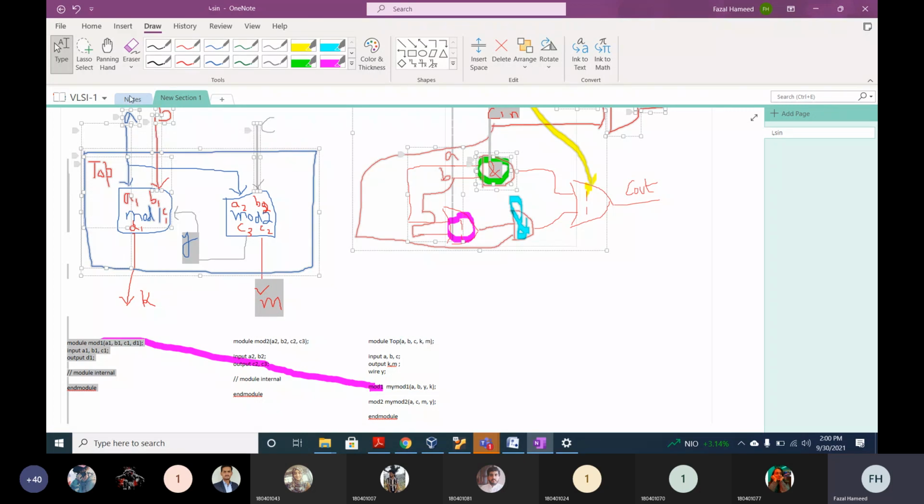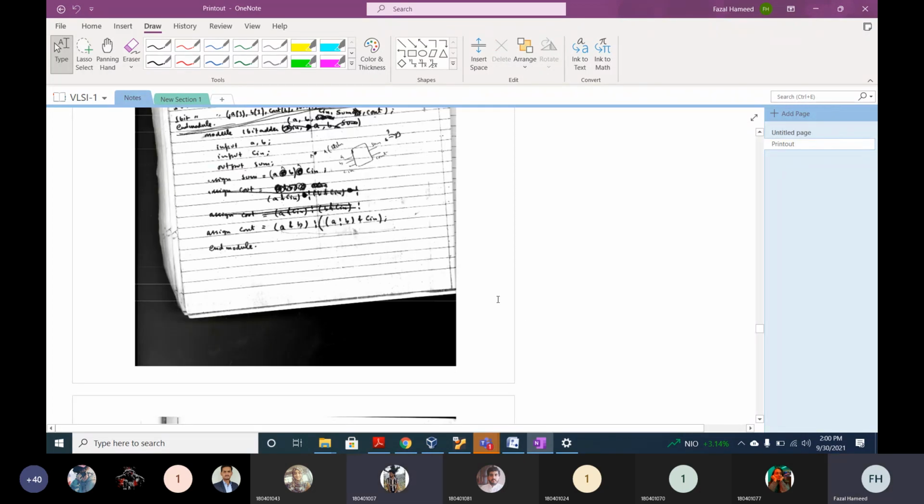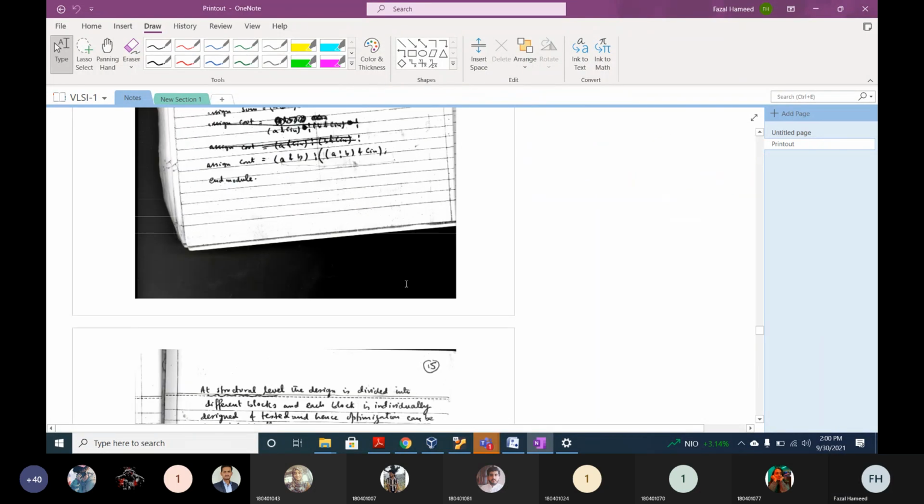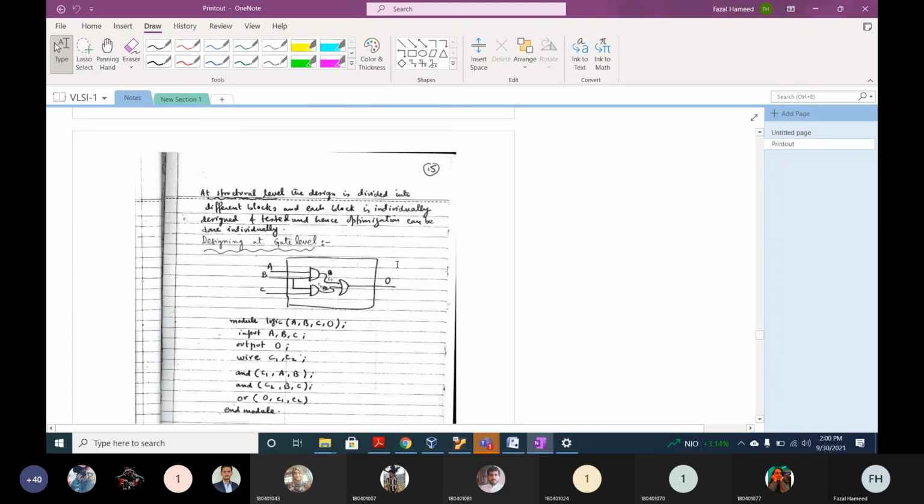Okay. So now you understood the structural description. The structural specification specifies how different components are interconnected to perform a certain function. At the structural level, the design is divided into different blocks, and each block is individually designed and tested, and hence optimization can be done individually.